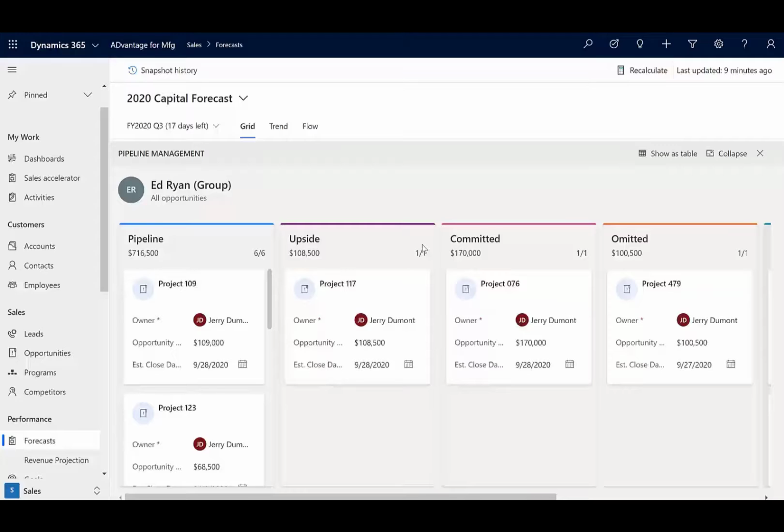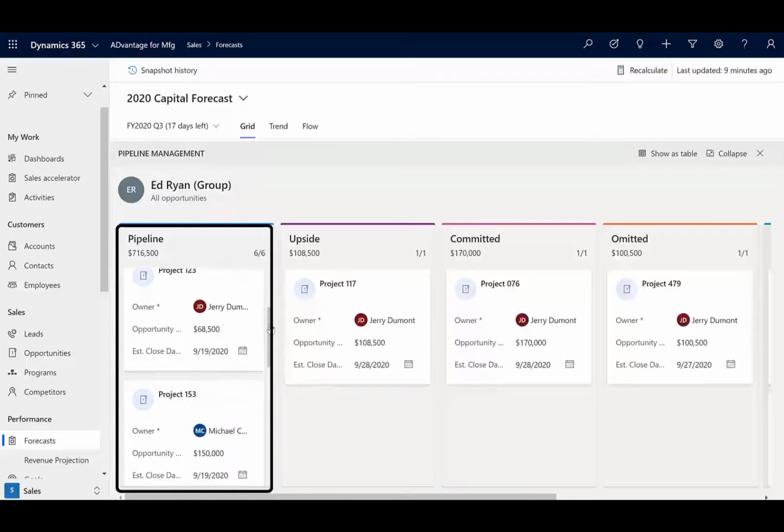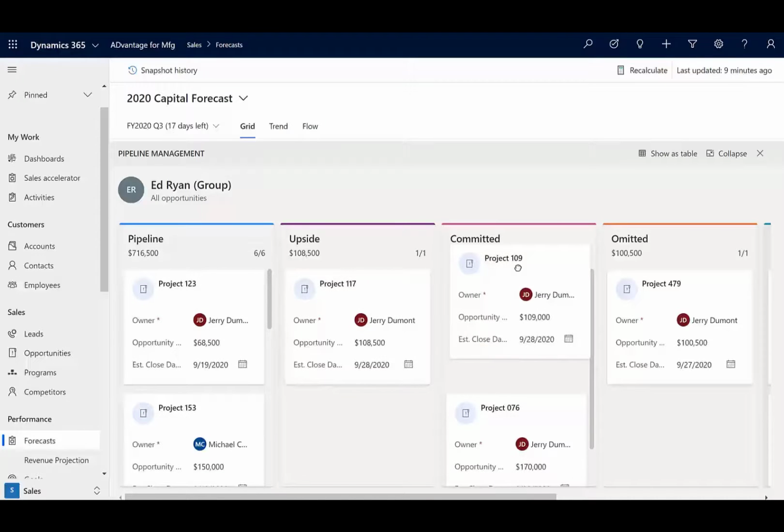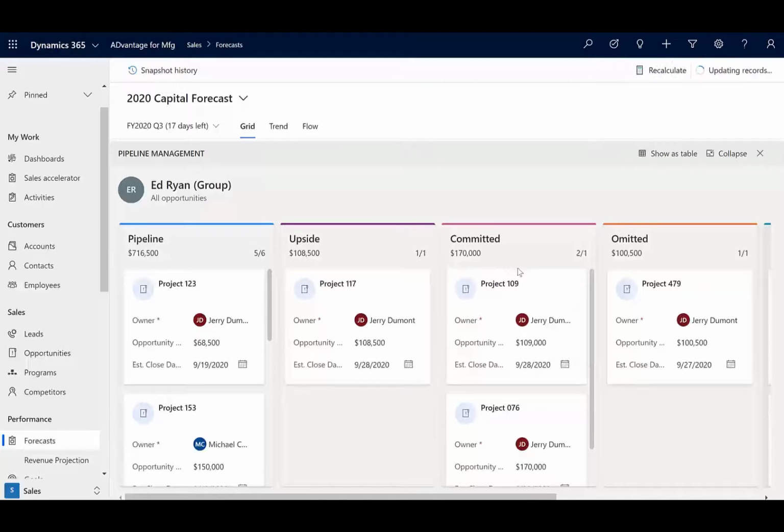As I look at this view, I can see here's the one deal that his team has actually committed, and he's got one in upside. But I really feel that some of Jerry's opportunities here need to come forward. So I'm going to push this deal up into committed, and I'm going to ask both Jerry and Ed to really come back with a plan for how they can commit this deal to get it done by September 28th.